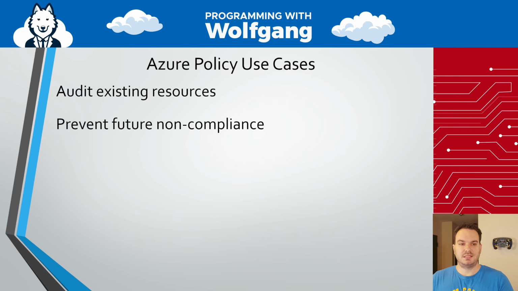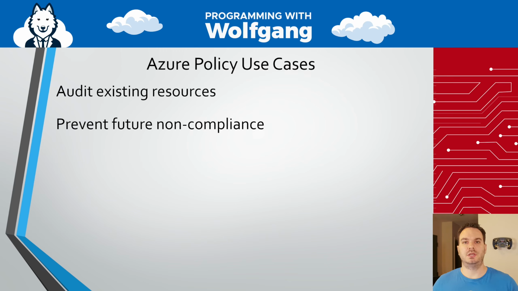Then the next use case would be to prevent future non-compliance of resources. This means you can set the policy to only allow the deployment in West Europe, if we stay with our example. And then if developers try to create resources that are not in West Europe, they will get an error message and they won't be able to break this rule.